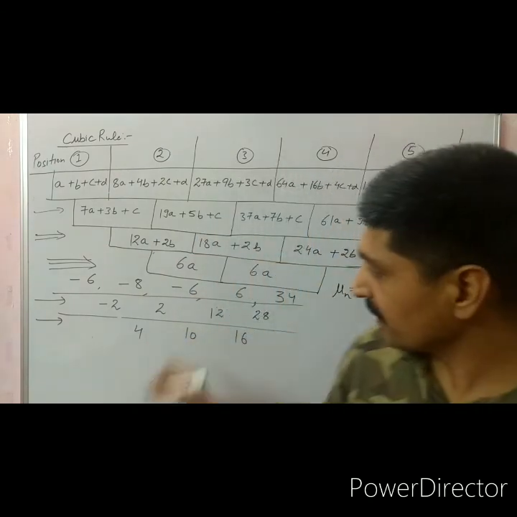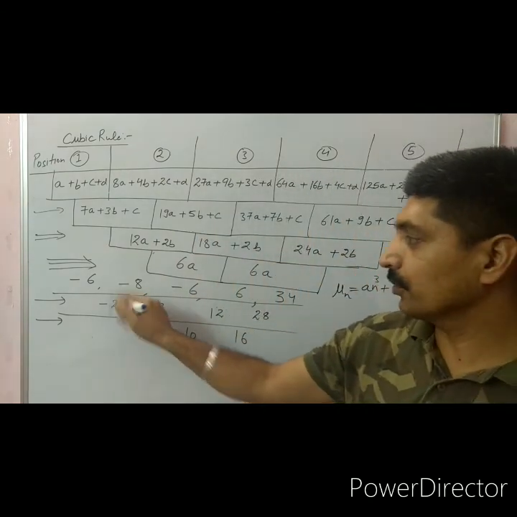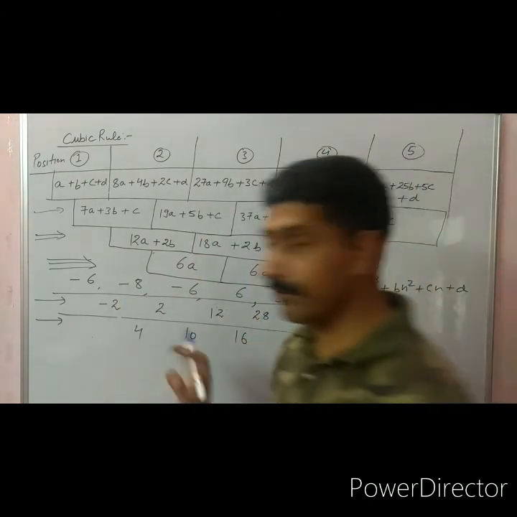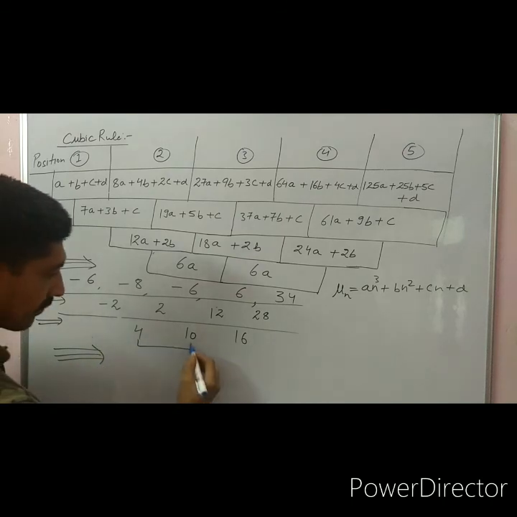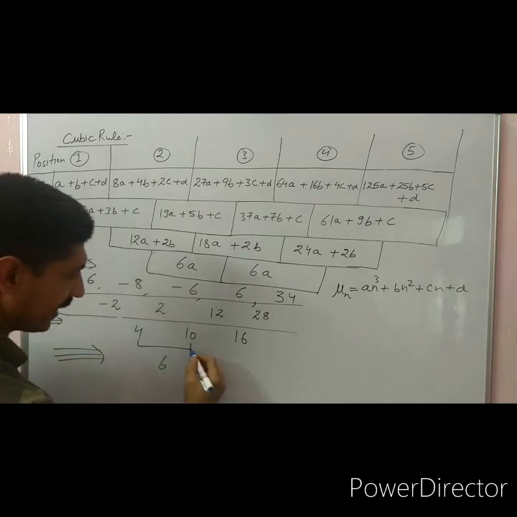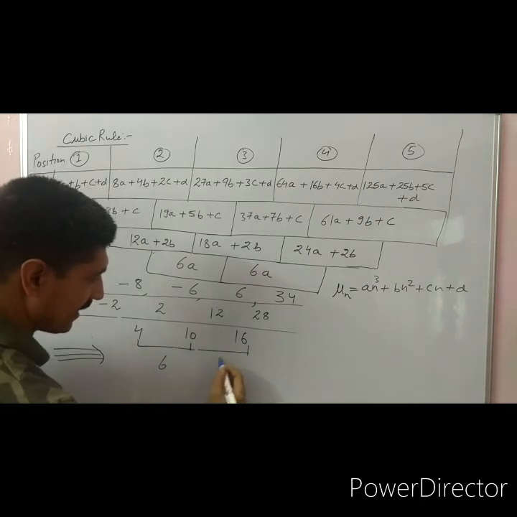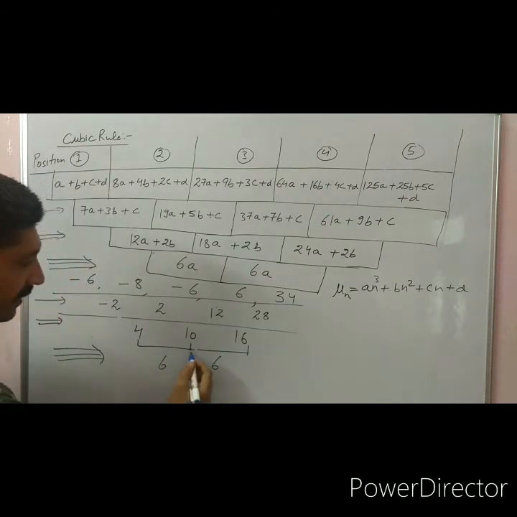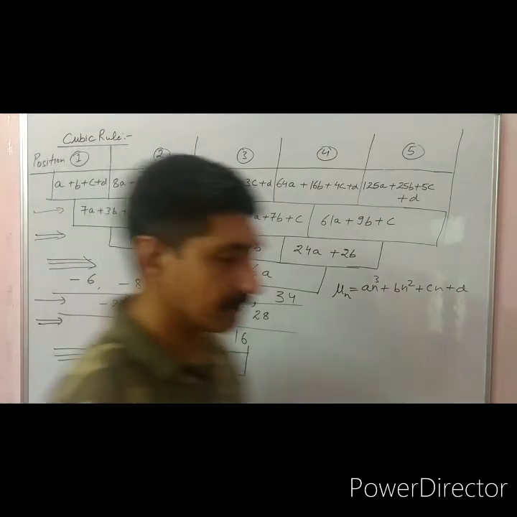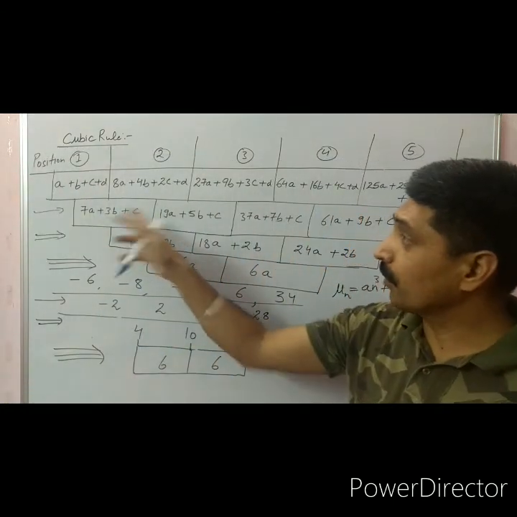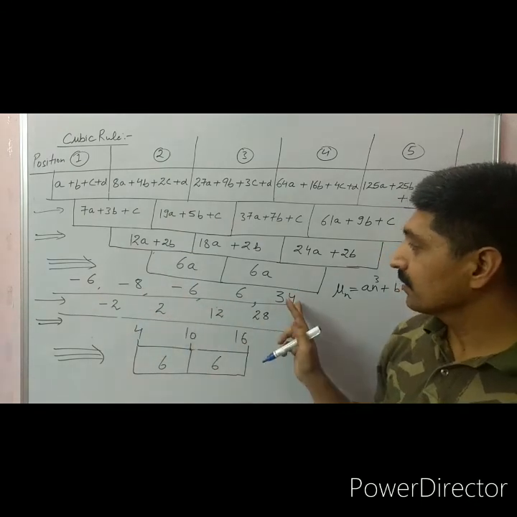So we can make a table in order to make it very clear. And the next, the third difference, this is 6, and here this is again 6. So here for this AP, so not AP, this sequence, this is a little complex sequence.